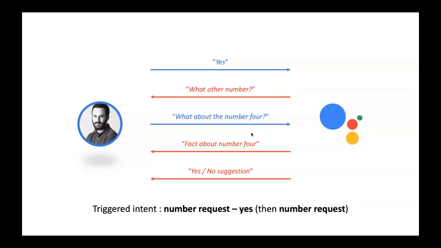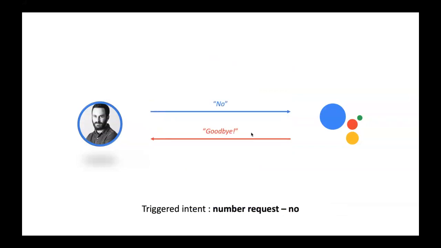I will say yes, which will trigger the yes follow-up intent and display a new question. What other number do you want to know about? So I'm going to ask for a new number, which will again trigger the number request intent as before, a question and a suggestion. And then I'm going to say no, which will trigger the no follow-up intent, display goodbye, and end the conversation.